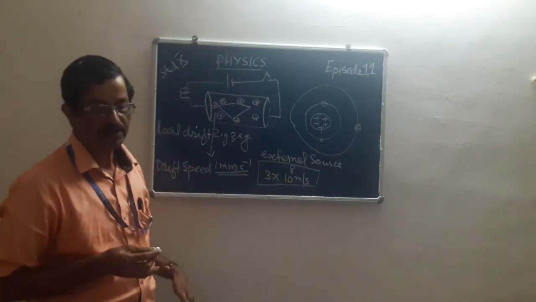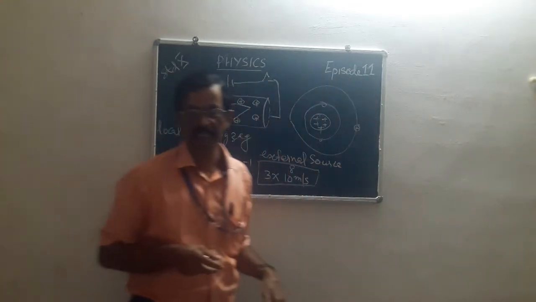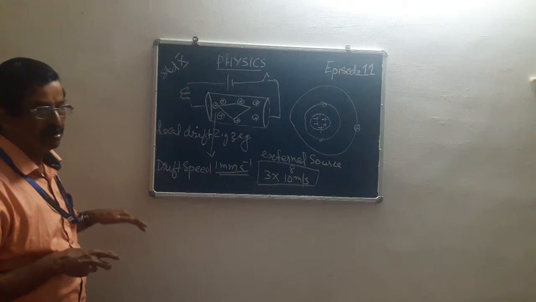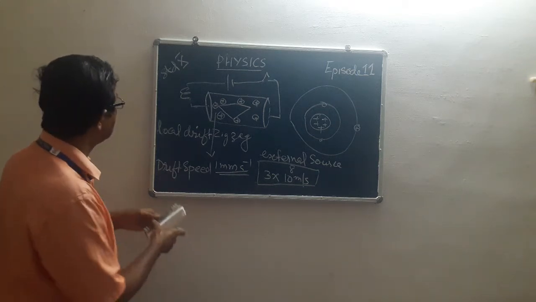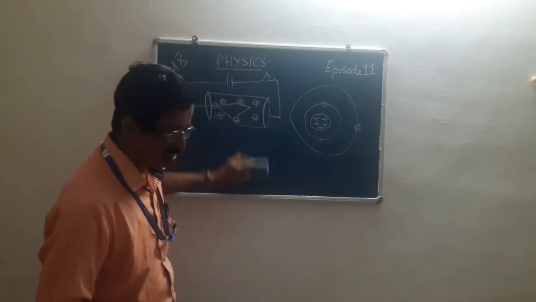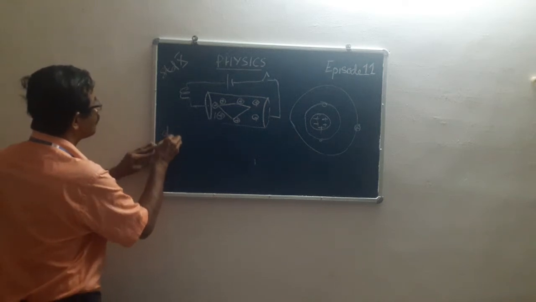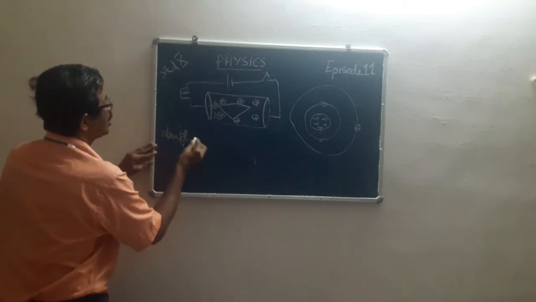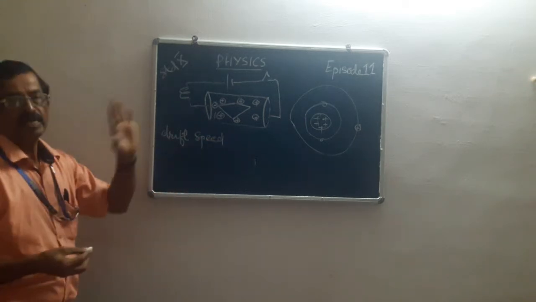In this way, current flows in a metallic conductor. Now you should remember two points from this. One, how much is the drift speed of electrons?